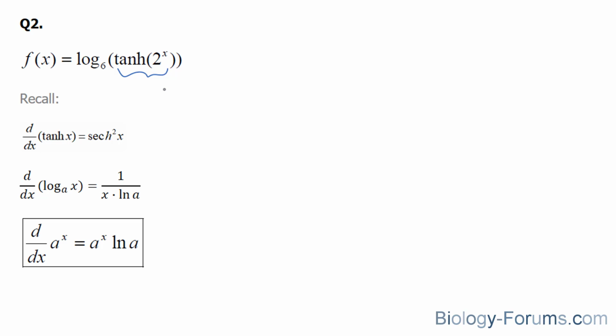So let's call this right here our x value. And what we will do is write our derivative, f prime. Our x value is shown right there, tanh of 2 to the power of x.